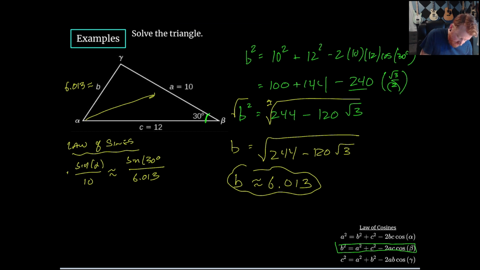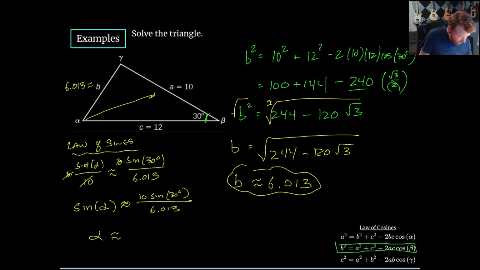If I multiply both sides by 10, those will cancel, and we're getting sine alpha is equal to 10 sine of 30 degrees all over 6.013. Again, that should be about. We'll do a sine inverse here, and we will get that alpha is about 56.3 degrees.